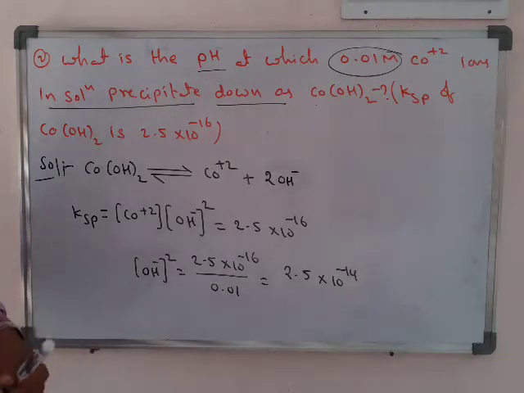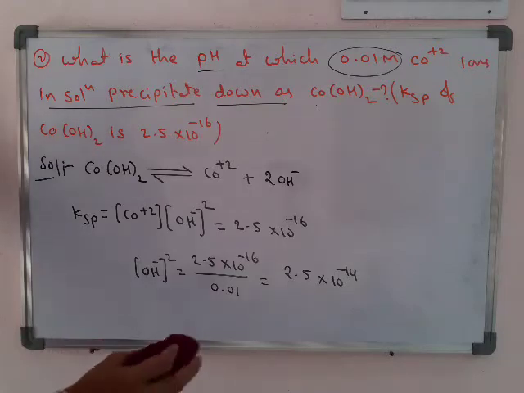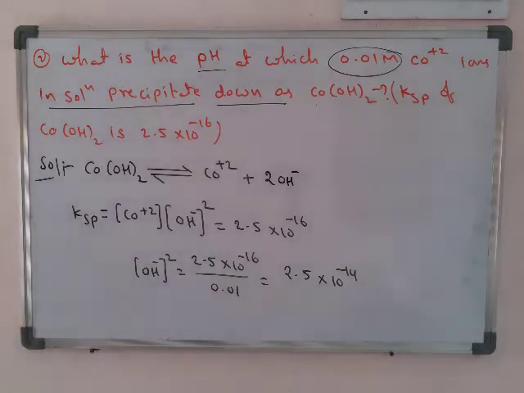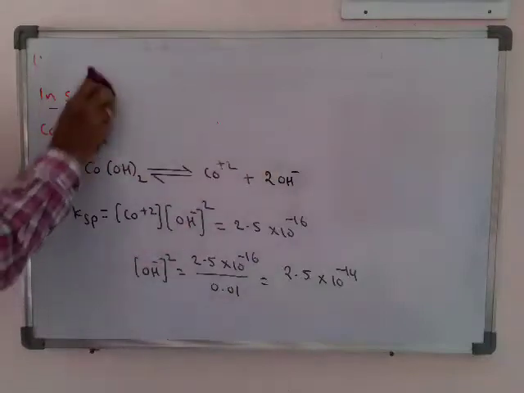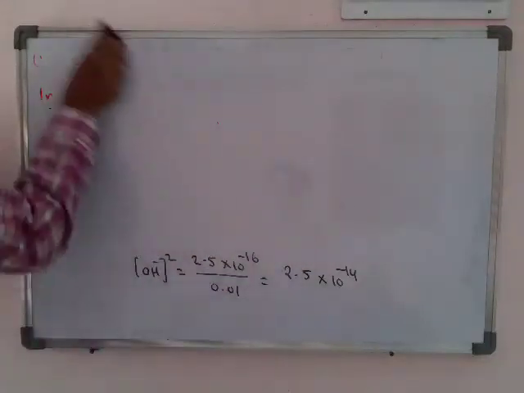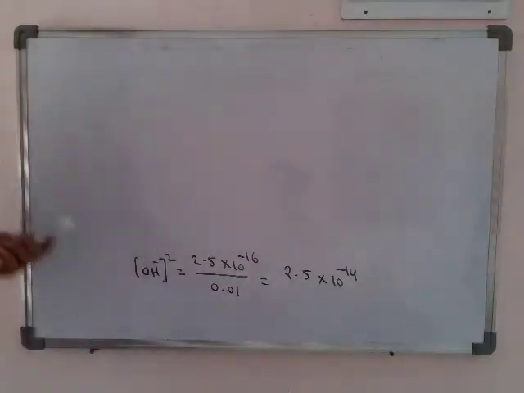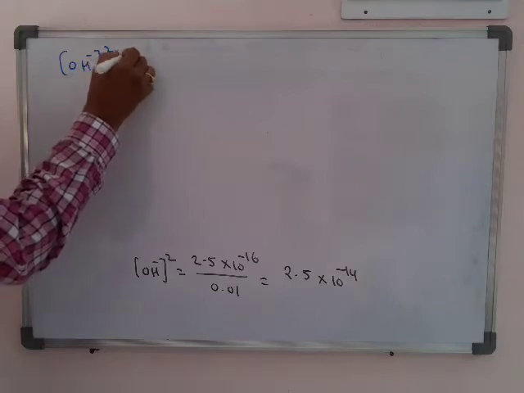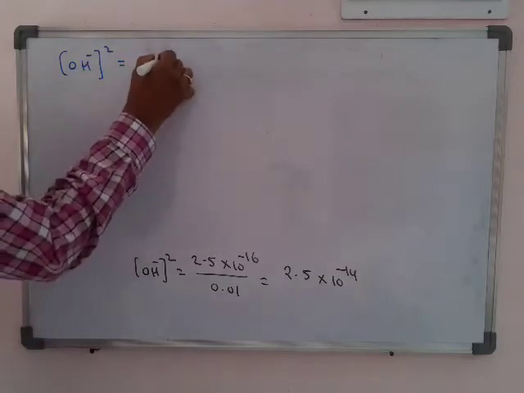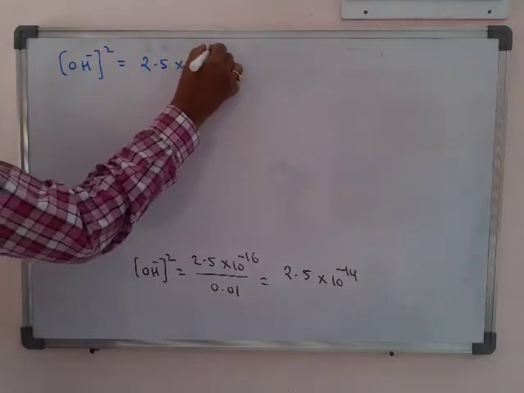So this is the OH minus squared concentration. For calculation of pOH, we have to know the OH minus concentration. So OH minus concentration squared equals 2.5 into 10 power minus 14.